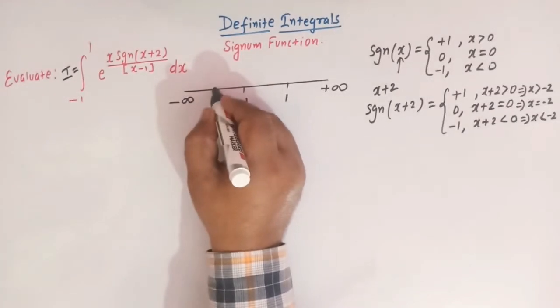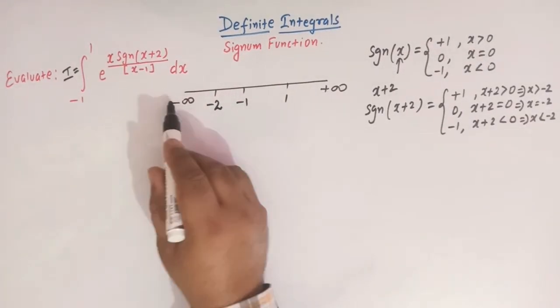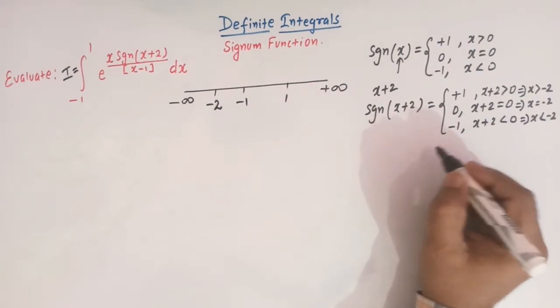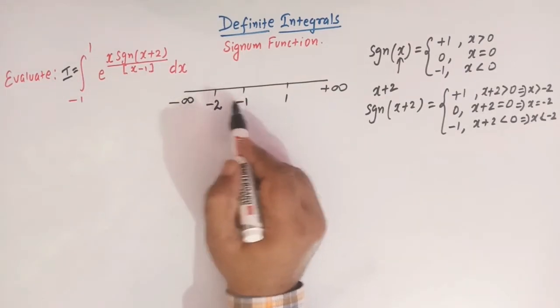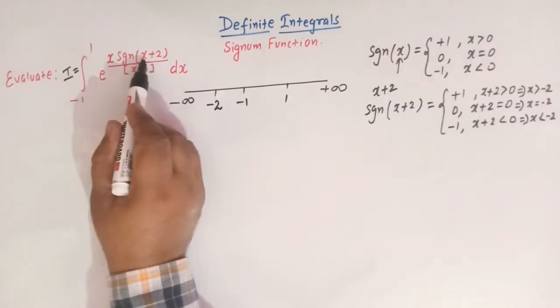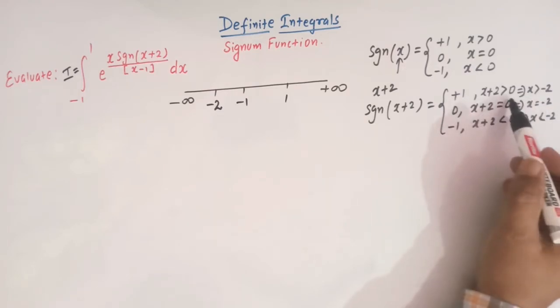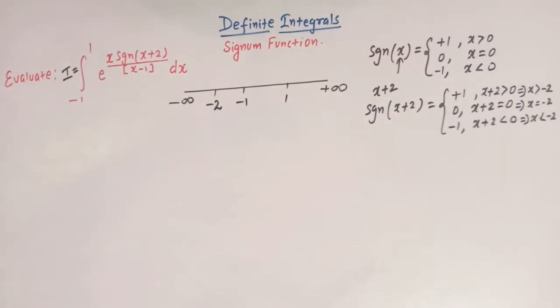So -2 lies somewhere here. On the number line we have displayed three numbers. The first one is the lower limit, -1. The second one is the upper limit, and the third number is x equal to -2, which comes from solving x plus 2 equal to 0, right?